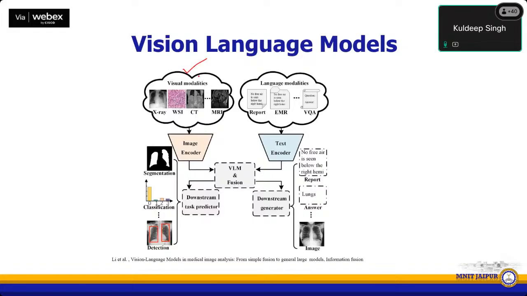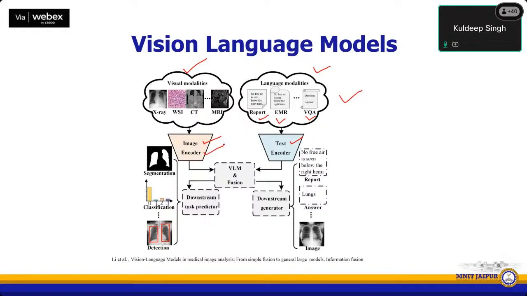It can take visual modalities like x-rays, histopathology images, CT images, and MRI images, and it can take language modalities like medical reports and other relevant language data. The language modalities can be passed through the encoder, which is responsible for handling the text data, and the visual data can be passed through the image encoder, which is responsible for only image data.